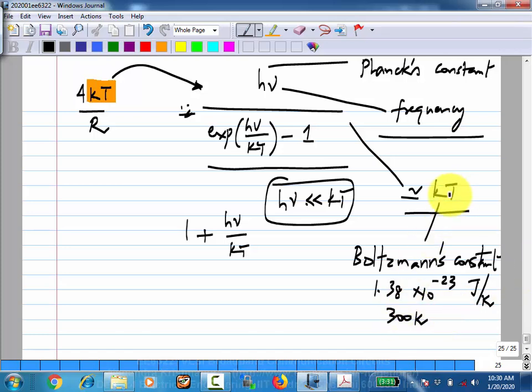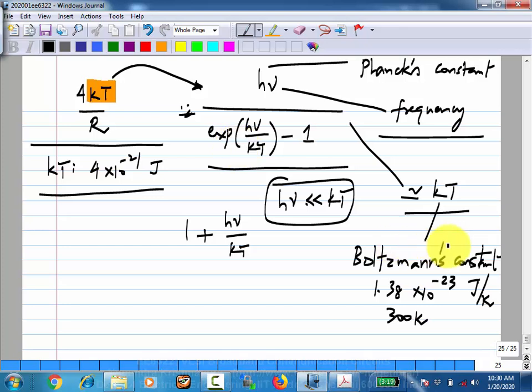So if you calculate this product, it comes out to be close to 4 times 10 to the minus 21 joules. It's worthwhile remembering this because we always get k times T together. We don't use Boltzmann's constant by itself.